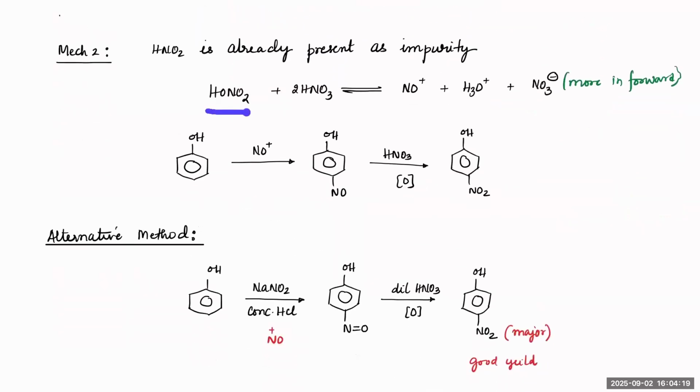Or, HNO2 will always be present in a small amount in the presence of HNO3, and this HNO2 with HNO3, both reacting with each other, will generate NO plus and NO3 minus. Because of that, NO plus attaches first, and NO will further get oxidized in the presence of HNO3 to get nitro.